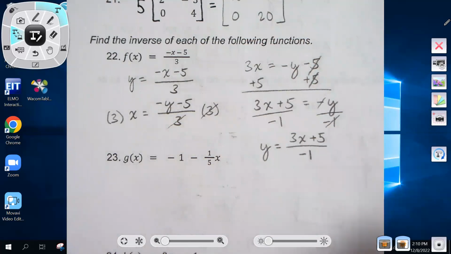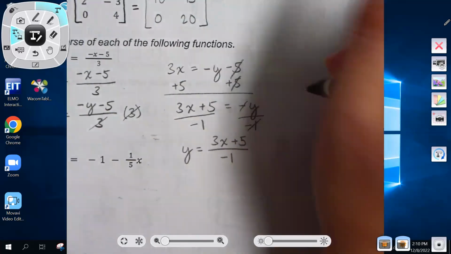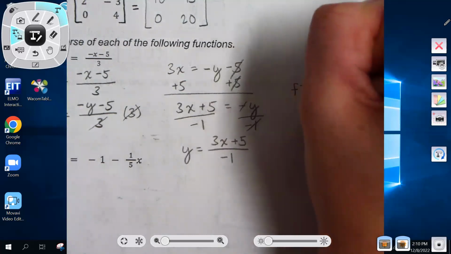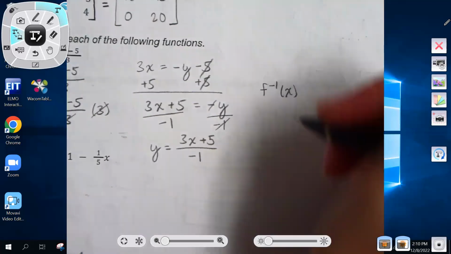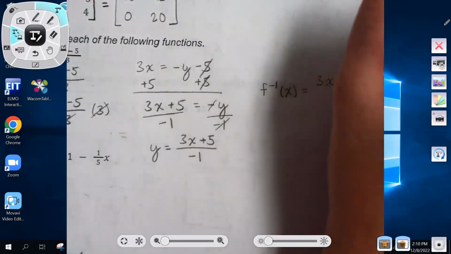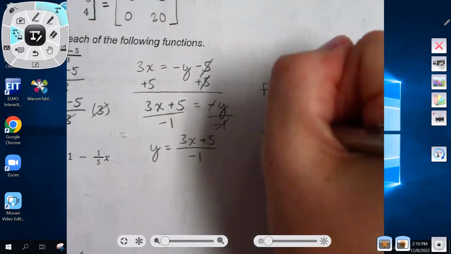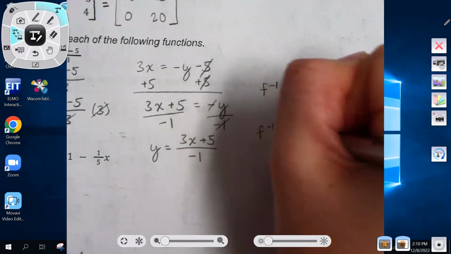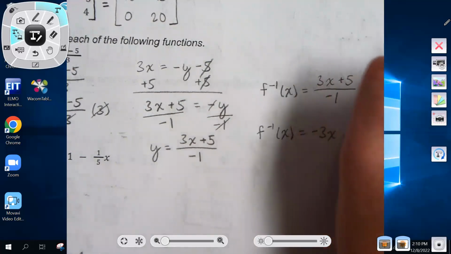Now your answer could look different from this, but it should at least have f inverse of x. Then you could leave it as this fraction, 3x plus 5 over negative 1. Or you could go ahead and divide everything by negative 1, and that would make that negative 3x minus 5.